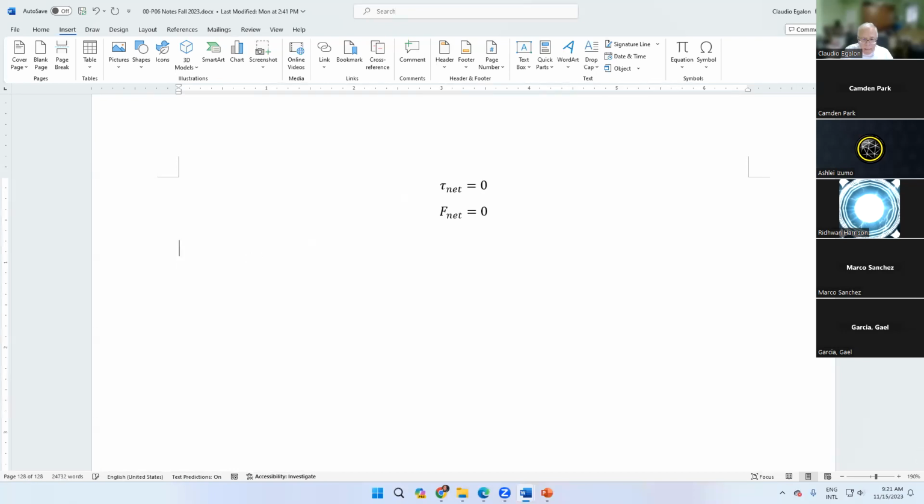Note that it is possible for a rigid body to be subject to a net torque of 0, but a net force non-zero.